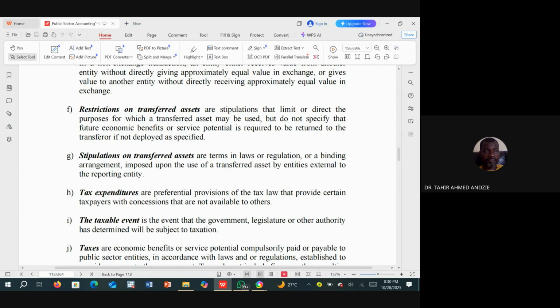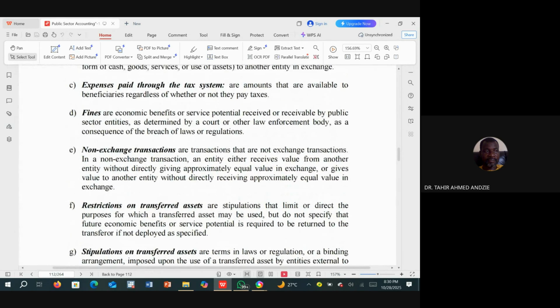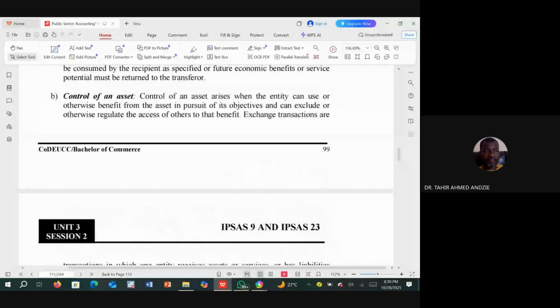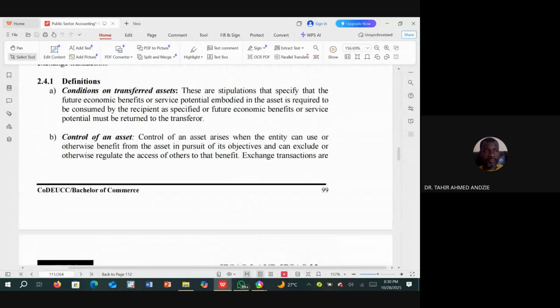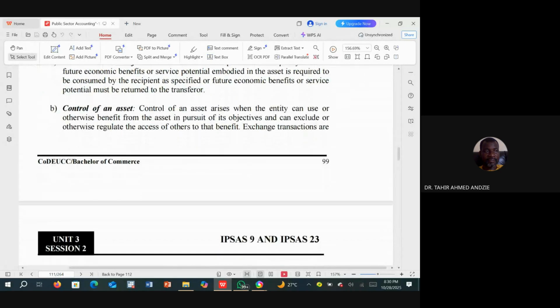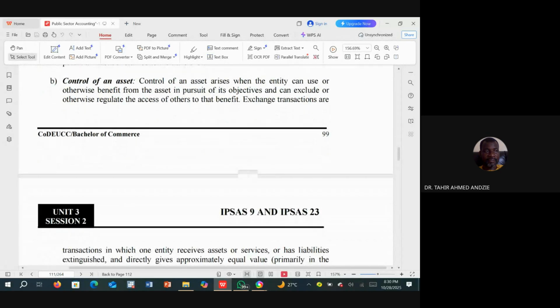So the difference between restriction on transfer asset and conditions on transfer asset is that for conditions on transfer asset, if the receiver does not use the asset the way it has been specified, then the future economic benefit from that asset must be returned to the transferor.